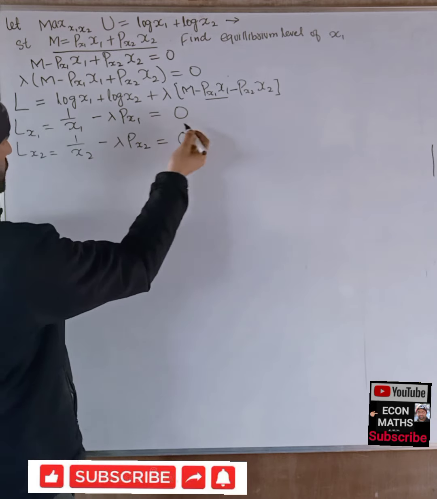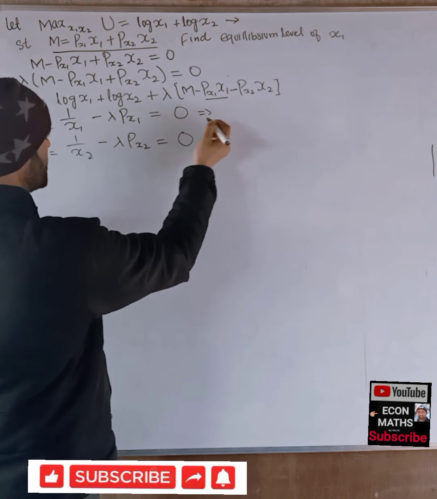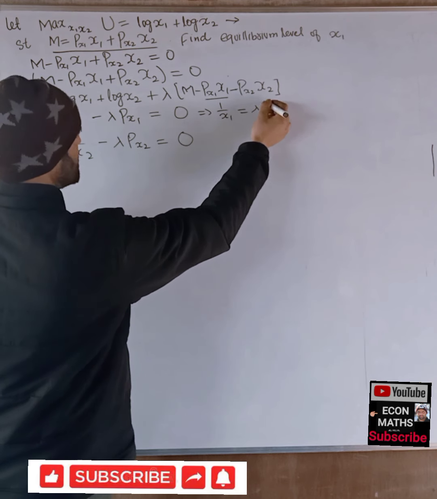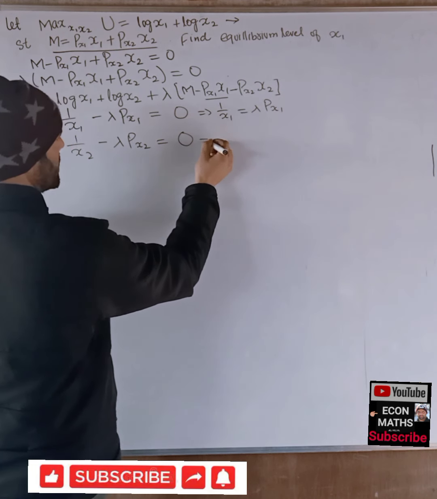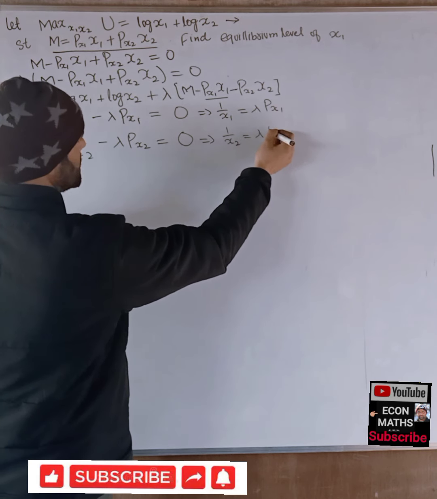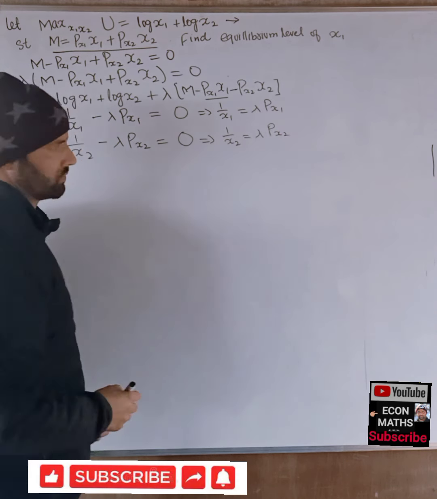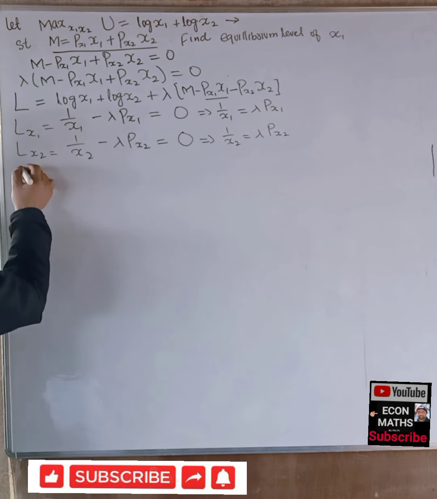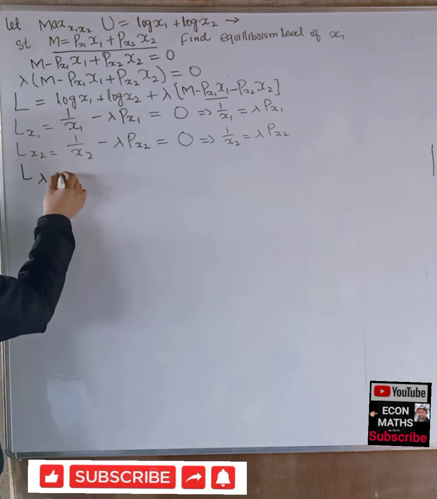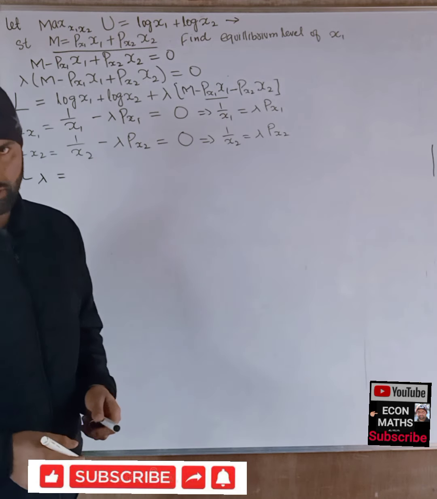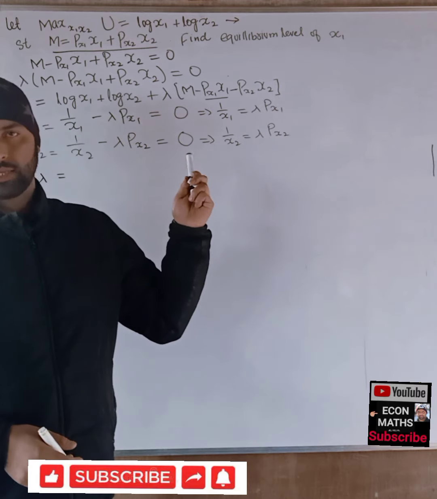Or here we can also write it as 1 divided by x1 is equal to lambda times p x1. Here also 1 divided by x2 is equal to lambda times p x2. Now similarly we will differentiate with respect to lambda. Since no lambda is involved in those terms, the derivative will be 0.